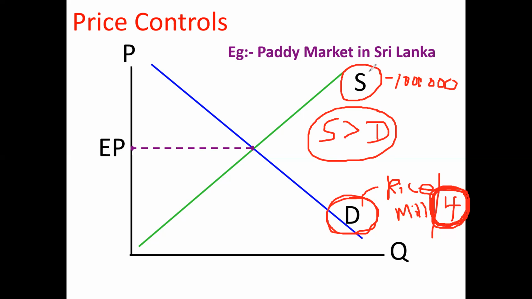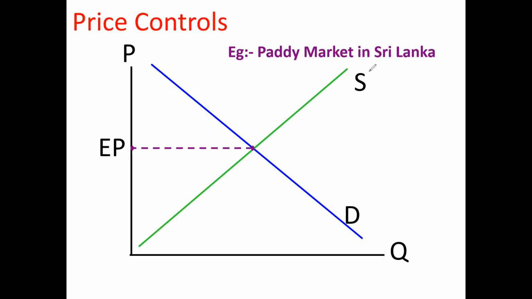So therefore, if we allow paddy price to be decided by the market forces, the price will be comparatively less, like say 25 rupee for a paddy kilogram, which is unfair to the farmers. Really unfair to the farmers. Because farmers cost even more than this 25 rupee. Right? So then here government has to interfere the market to protect the farmers.